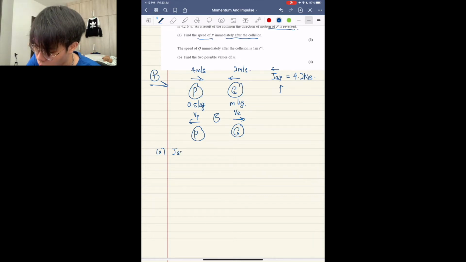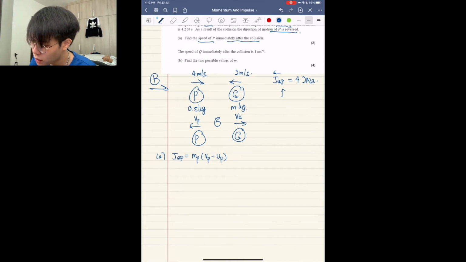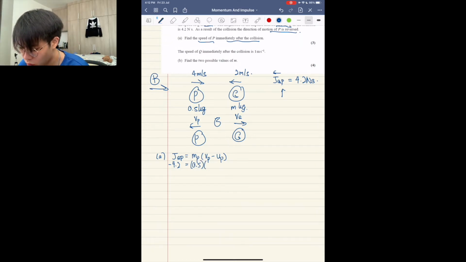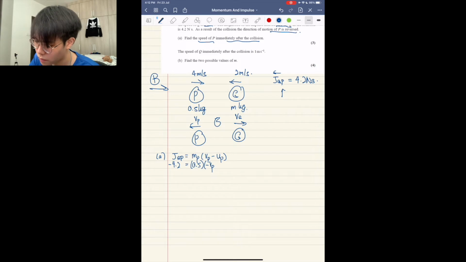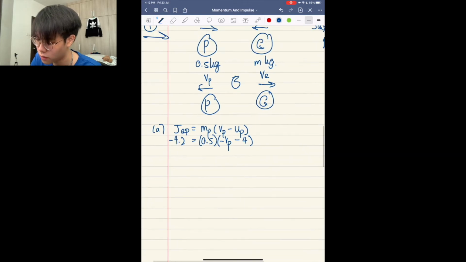We know that J_QP equals m_P times (v_P minus u_P). The impulse of Q on P is negative 4.2 because it's going to the left, so minus 4.2 equals the mass, 0.5 kilogram, times negative VP, since I know the direction of VP is to the left, minus 4. We don't need to put the negative on 4 because it's going to the right, so it remains positive.